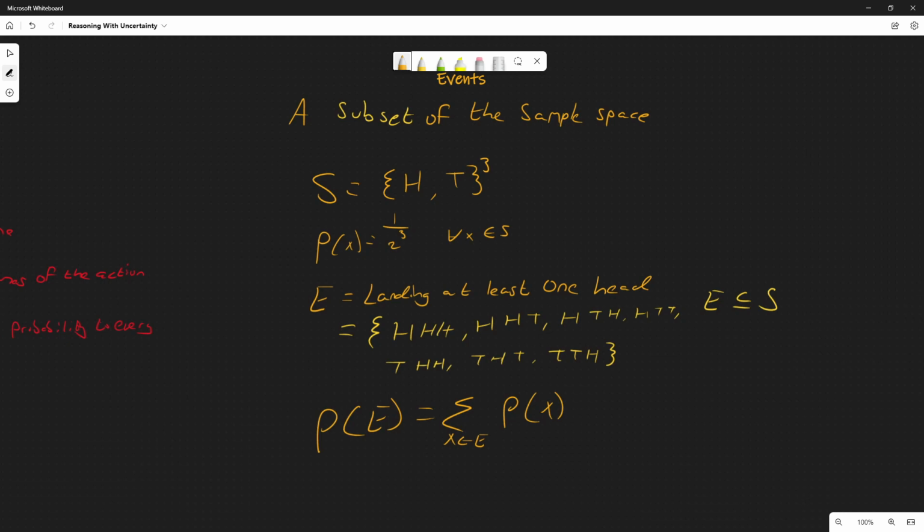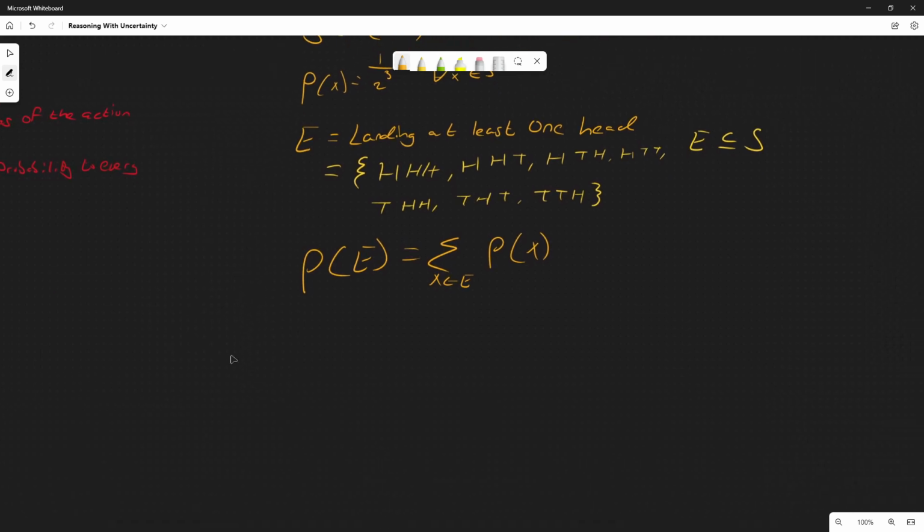Remember, for a random action, only one outcome can happen at a singular time. So of course you cannot roll 3 heads and also 2 heads and a tails. So the probability of that event happening is going to be the probability of each of them happening, summed together.